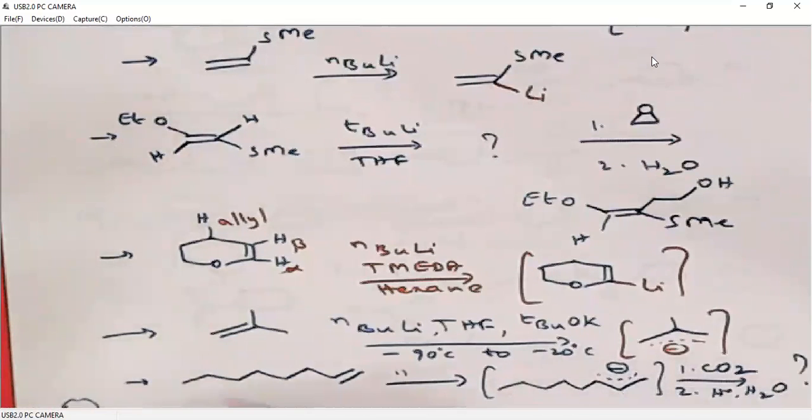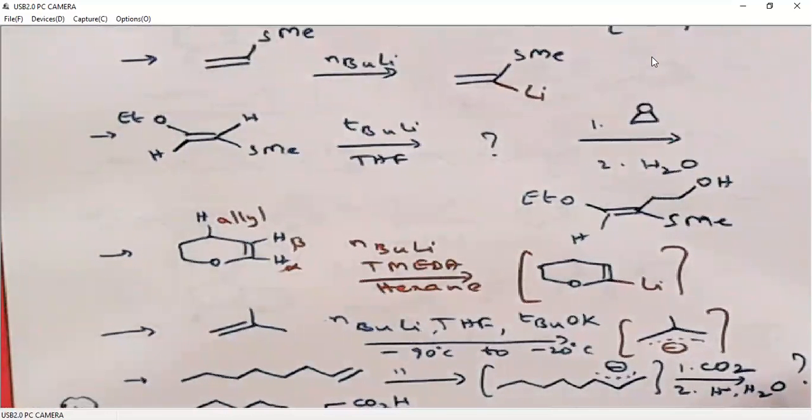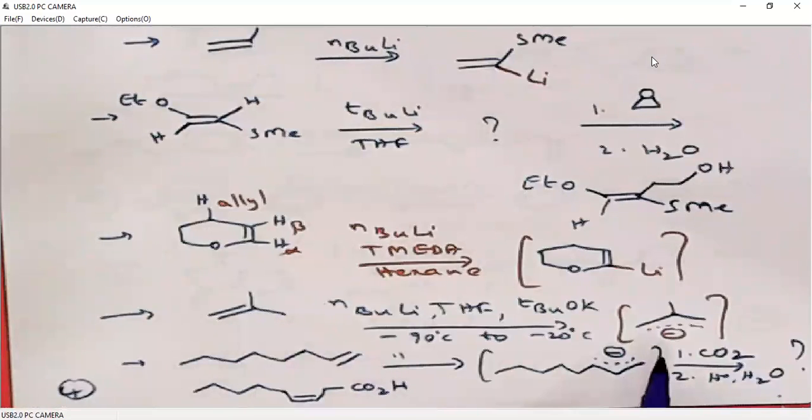I'll write the product here. So it depends which carbon in this allyl system will undergo reaction. Either this carbon or this carbon, both are potential anions which can react with electrophile. Here it is probably the primary carbanion, which is less sterically crowded, that is undergoing reaction with the electrophile.